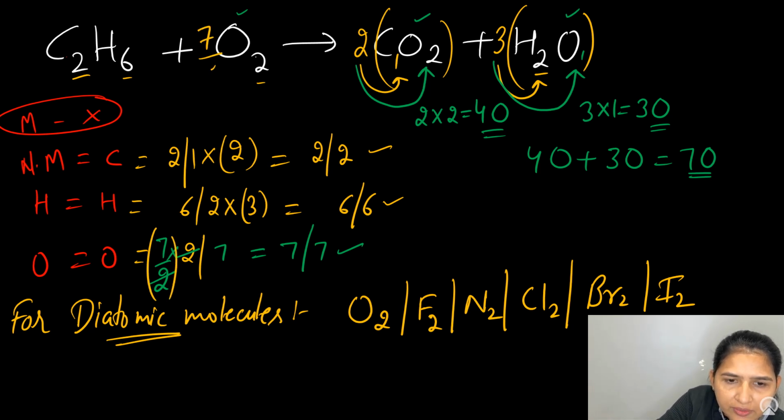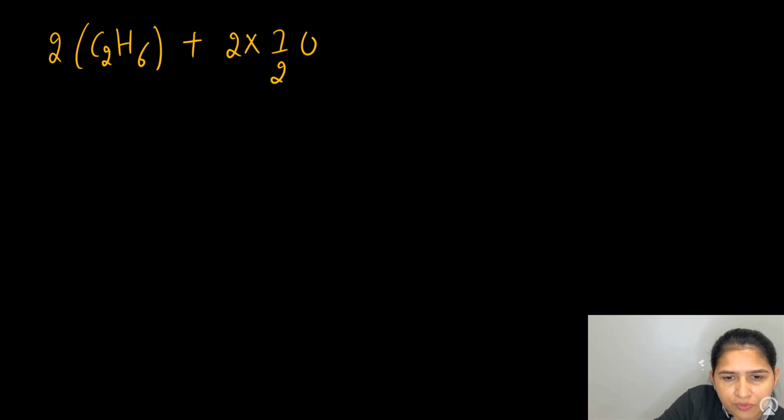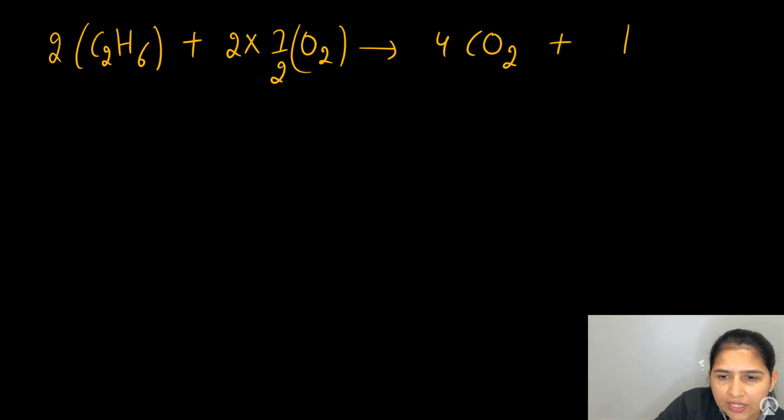Now let's do it. It doesn't look nice, so to make it more precise, I am going to multiply by 2 throughout. As I do it, I have 2 C2H6 plus 2 times 7 by 2 O2, then I have 4 carbon dioxide, and we had water here previously, which now becomes 6 water molecules after the multiplication by 2 throughout.